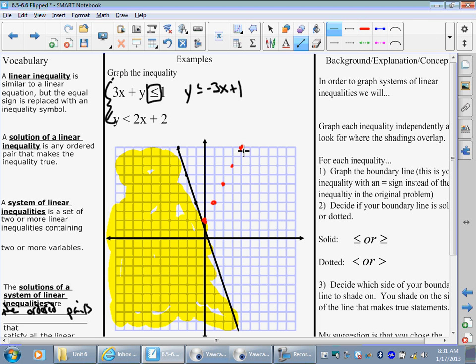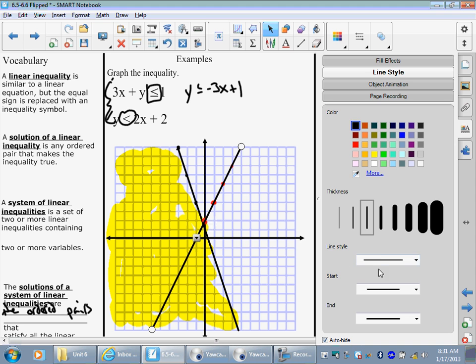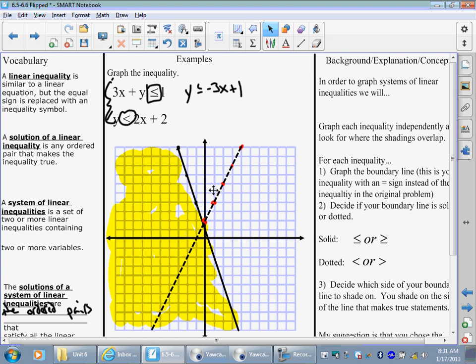And I need to decide, is that solid or dotted? Well, I notice that the symbol doesn't include the equal to, so it's got to be a dotted line. So I'm going to draw a solid line here first, and then I'm going to come back and fix it. So I can now tell that line to be dotted.